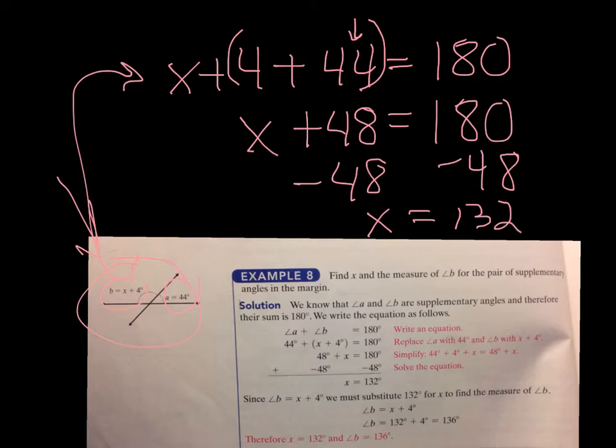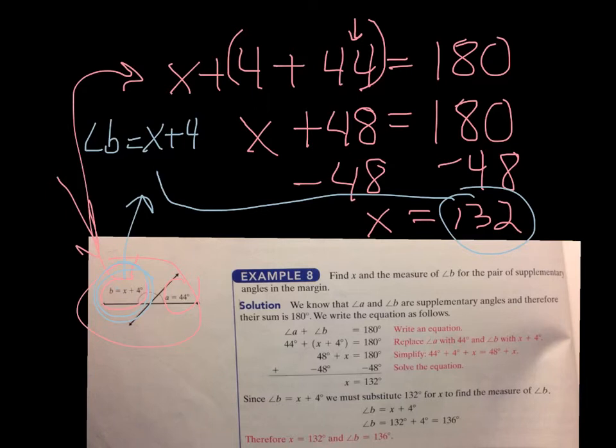132. Now this is not the answer to angle B, right? That is the answer to x. Remember? Angle B equals x plus 4. So this 132 needs to go where that x is. And then what do we need to do to that angle, 132 degrees?